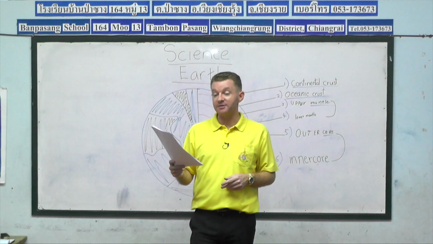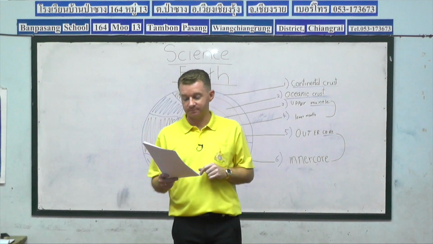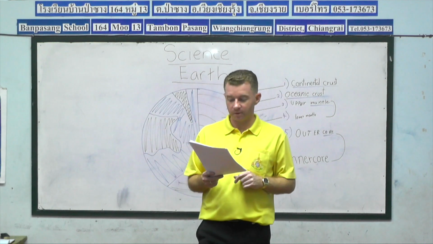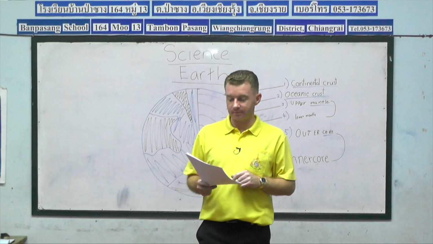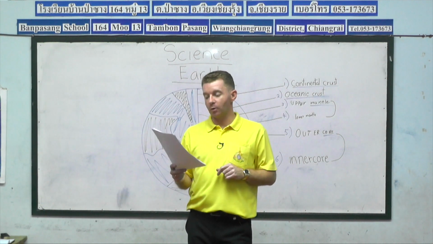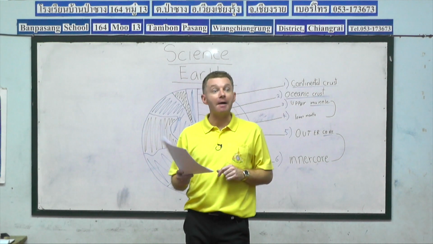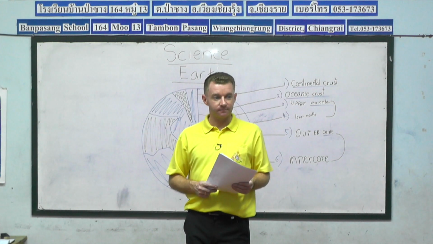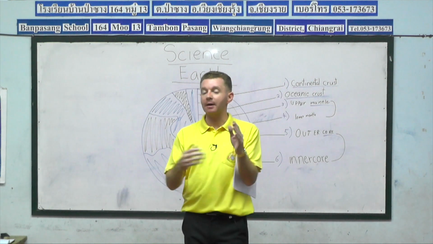And then we have the outer core, made of metal, so hot that it is liquid. This layer moves slowly and produces a magnetic field. And they're the different parts of the centre of our earth. Guys, that was brilliant. Well done.